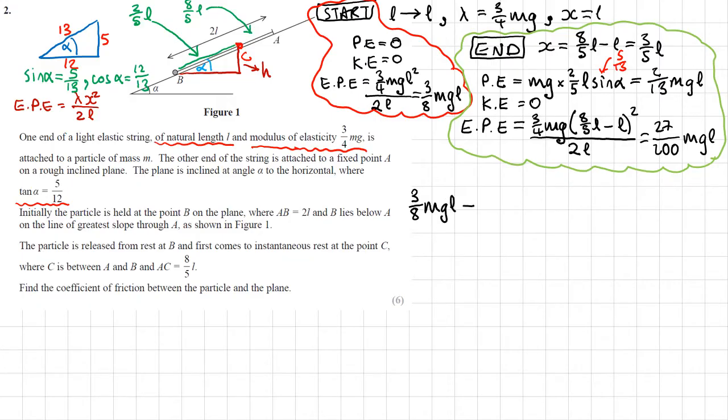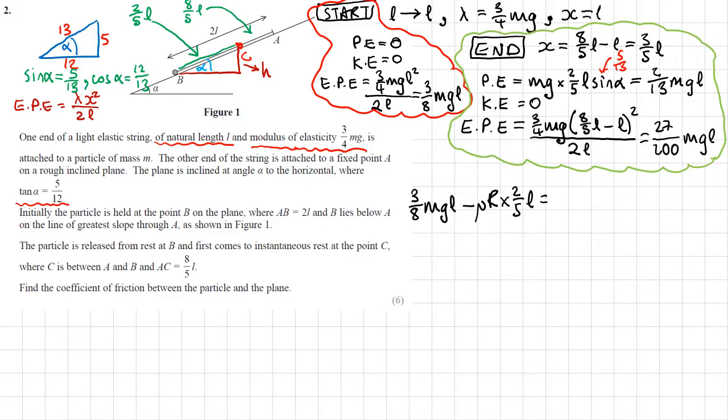Now that's the frictional force, that's going to be mu R, times the distance that this particle has moved, and that is this distance here, which is 2/5L. So frictional force times the distance it's moved, 2/5L, is equal to the total energy that we have at the end.